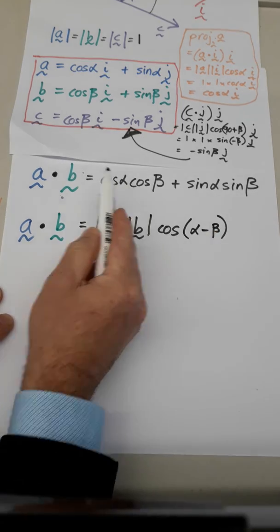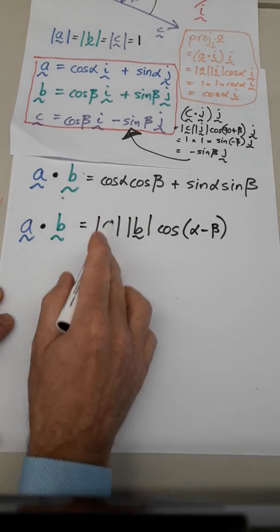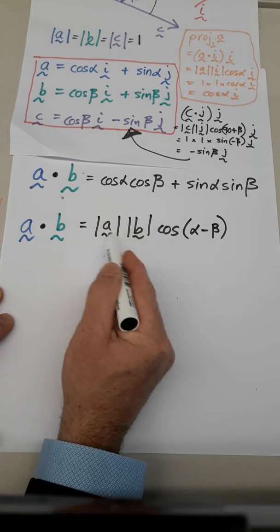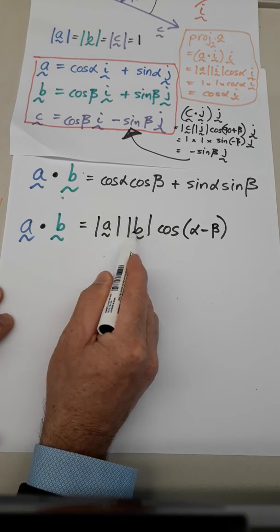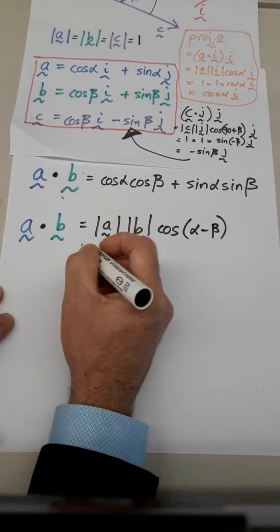So these two are both equal to A dot B, so they're equal to each other. But let's simplify this even more. Remember, these were unit vectors, so the size of A and the size of B is just 1.